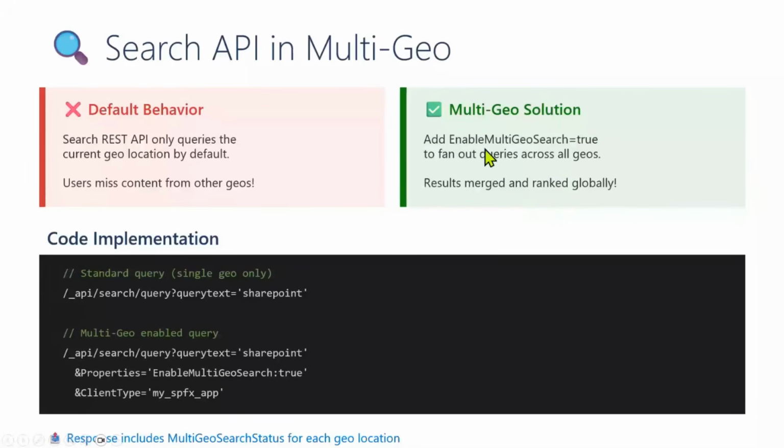This tells the search API to go across every available geo in that infrastructure and bring data from everywhere. You have to be careful with this in a multi-geo solution. You need to enable this if you want to bring data from different geos and show it to the user. And again, it's a search API, so user permissions will be respected. If the user doesn't have access to data or pages, they won't be available in the search.